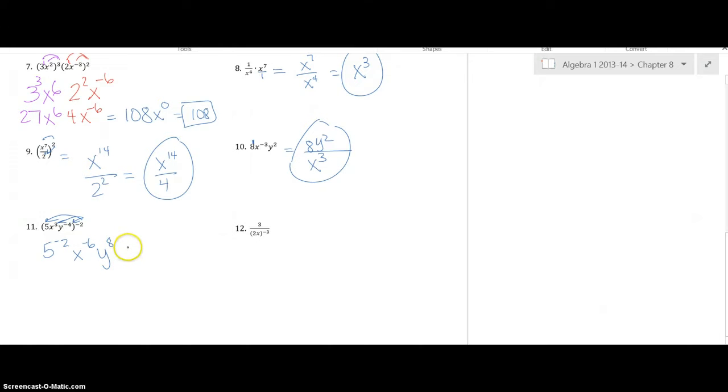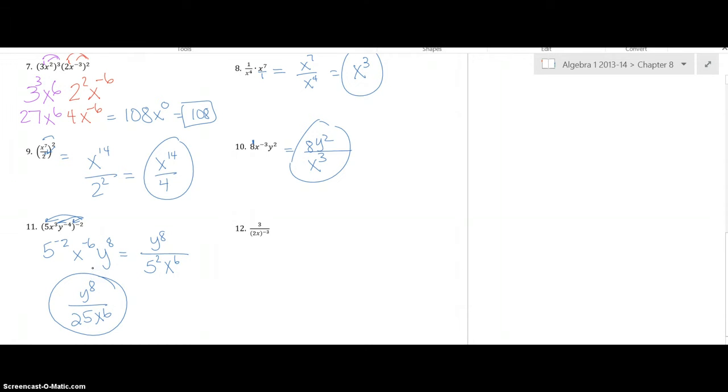At this point I know we have negative exponents, so we're going to draw a fraction bar and say flip or stay. 5 to the negative 2 is going to flip to the bottom because of the negative exponent. X to the negative 6th is going to flip to the bottom because of the negative exponent, and y to the 8th is going to stay on the top because of the positive exponent. Only the negative exponents are going to flip. We know that 5 squared is 25, so we can write our final answer as y to the 8th over 25 x to the 6th.